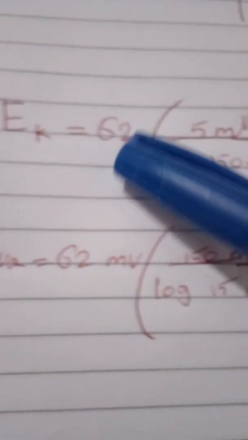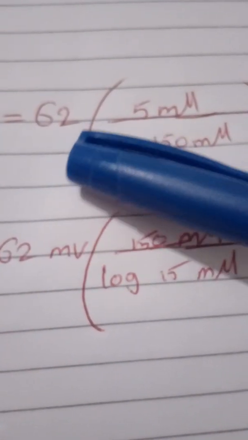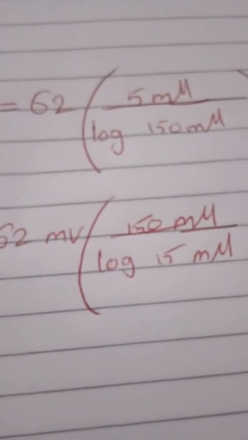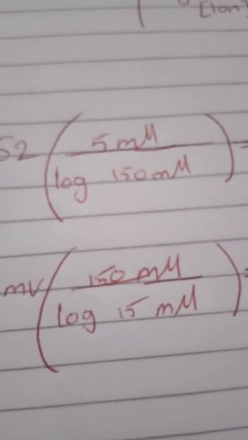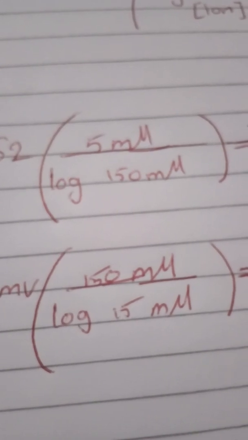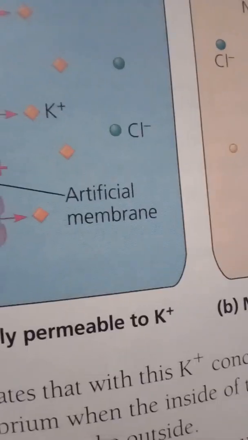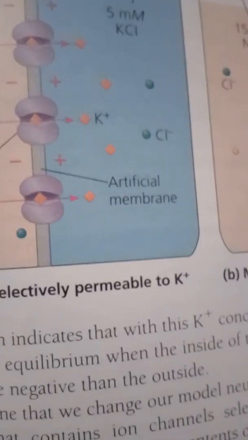Notice also that the membrane is more permeable to K+ than to Na+. If something causes the membrane's permeability to Na+ to increase, the membrane potential will move toward ENa and away from EK.